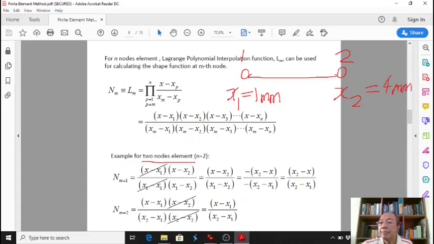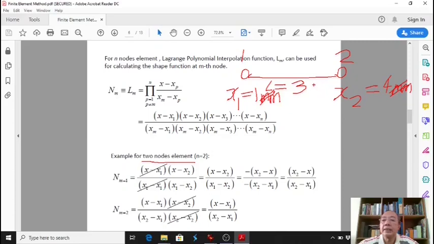So L is 3. L length is 3. I use meter. So x1 is 1 meter and x2 is 4 meter.